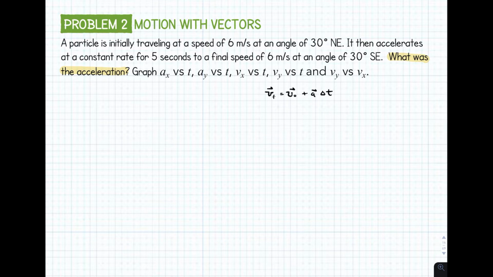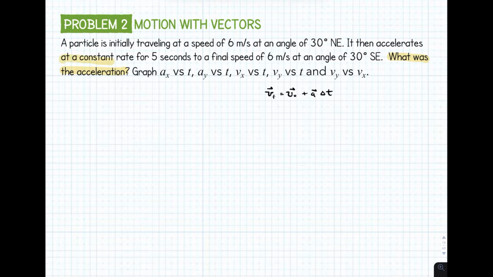We know the initial and final velocity, and we know the acceleration is constant, okay? It says specifically that the acceleration is at a constant rate for 5 seconds.